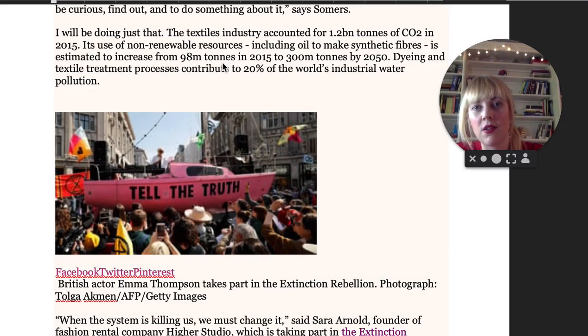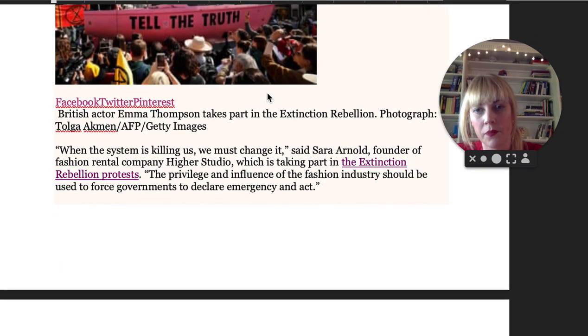The textiles industry accounts for 1.2 billion tonnes of CO2 in 2015. Its use of non-renewable resources, including oil to make synthetic fibres, is estimated to increase from 98 million tonnes in 2015 to 300 tonnes by 2050. Dyeing and textile treatment processes contribute to 20% of the world's industrial water pollution.